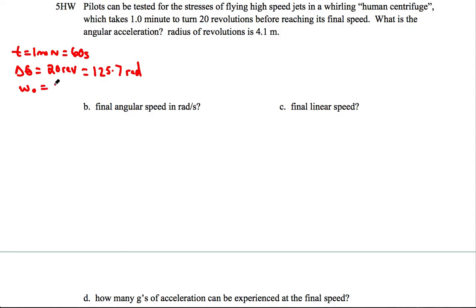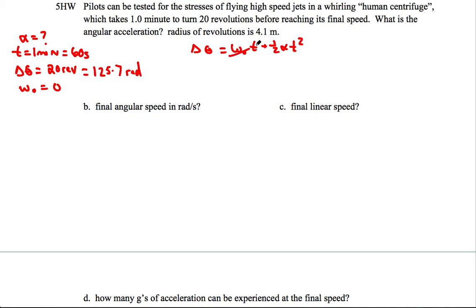You start off at rest, so the initial angular velocity is 0. And I'm looking for the angular acceleration. So delta theta is equal to omega naught t plus 1/2 alpha t squared.